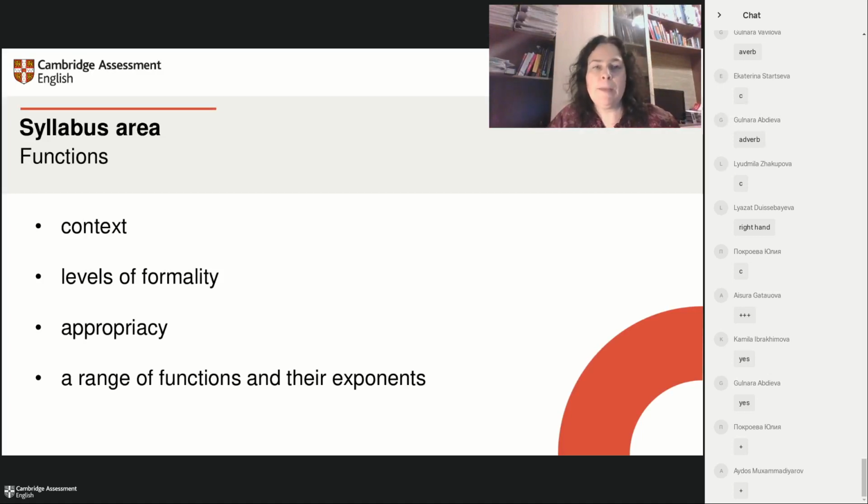That will affect appropriacy, of course, which you will have to identify in some of the tests. You will see that in some samples, like which one is more natural. So your background knowledge of the overall situation, the level of formality, who is talking and who is the interlocutor, is very important. So you need to be aware of different functions and exponents, how to express this or that idea.